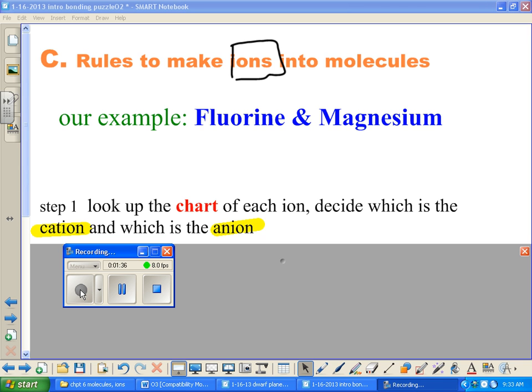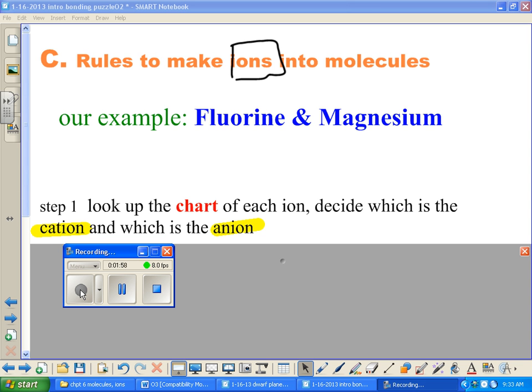And if it gains more, it's a negative. And if it's negative, we call it anion. If on the other hand, that last energy level is less than half full, it's going to get rid of them. When you give something away, you feel positive about yourself. And if you're positive, you become a cation.